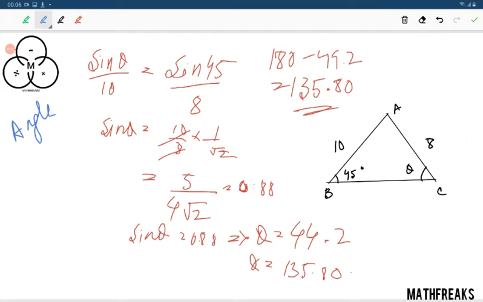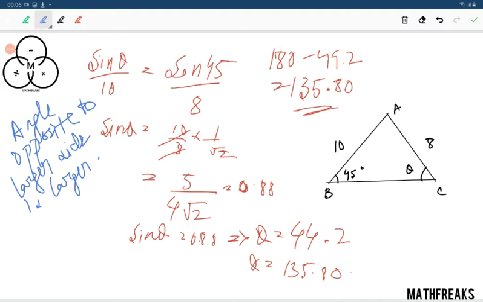Angle opposite to the larger side is larger. Ten is greater than 8. This implies that theta should be greater than 45. So theta equal to 44.2 is rejected and this value is accepted.